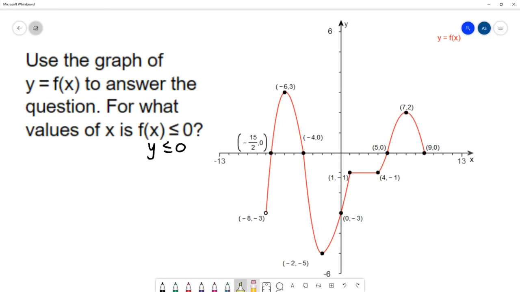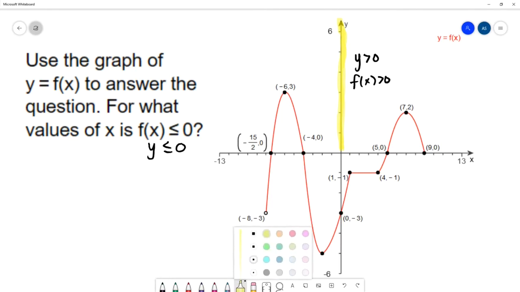So on our y scale, anything that is above the x-axis, that's when y is greater than 0, or f of x is greater than 0.